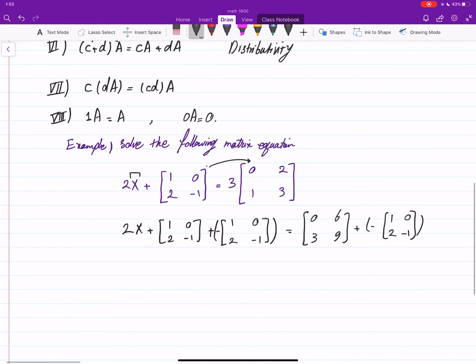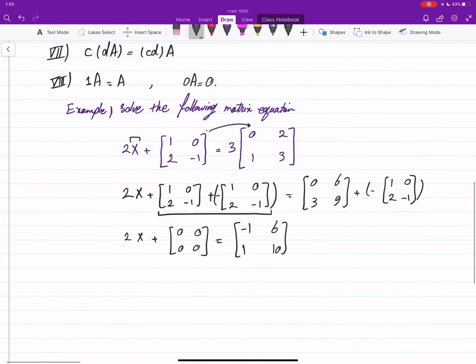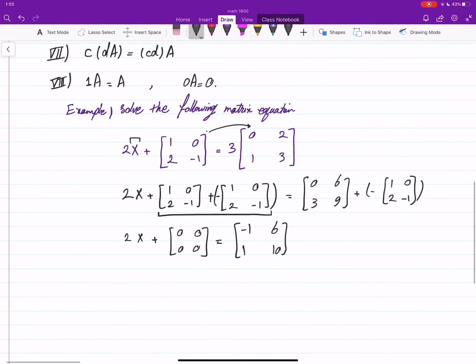And this gives us 2x plus, well, a matrix added to its inverse is going to be the 0 matrix, equals, and then this is subtraction of matrices: negative 1, 6 minus 0 is 6, 3 minus 2 is 1, and 9 minus negative 1 is 10. Now we know that if you add a 0 matrix to a matrix, you get that matrix back. This is the property.